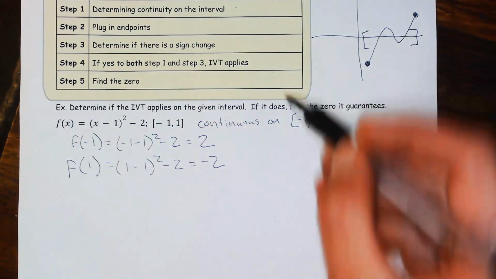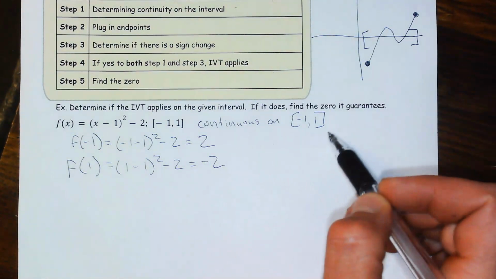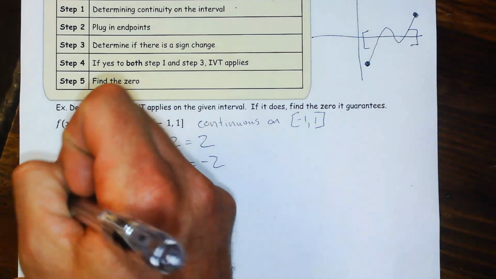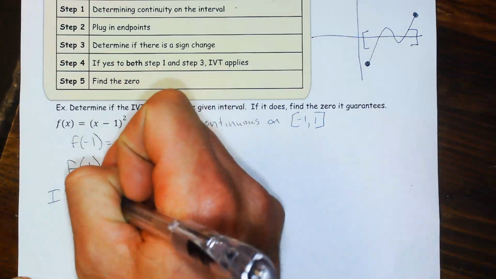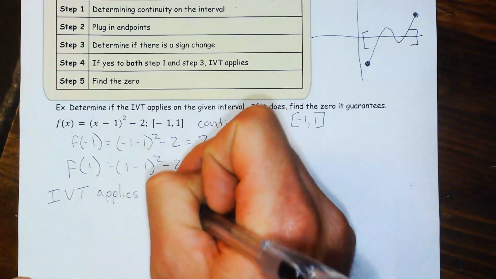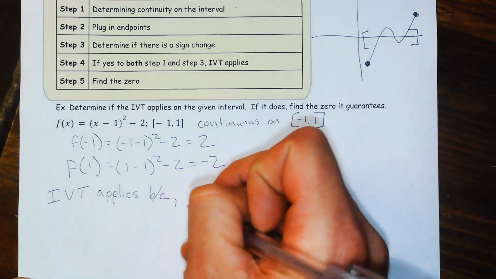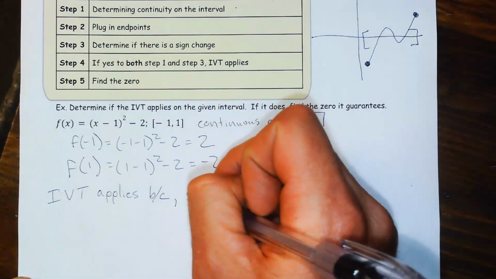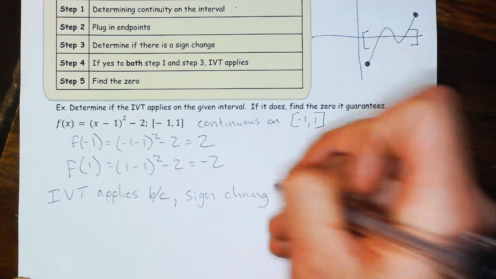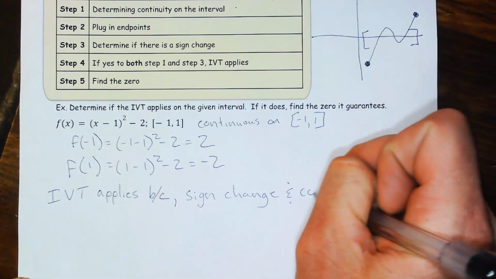So I have established that my function is continuous on my interval, and there is a sign change. That means the intermediate value theorem, IVT, applies because there is a sign change and the function is continuous.